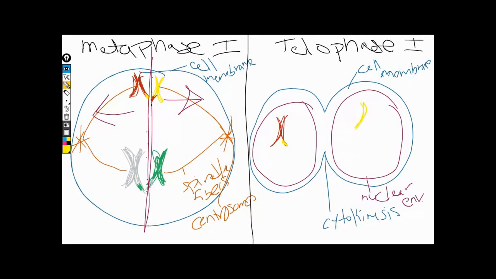Each still have a double copy of chromosome 1. And both still have some mom and some dad genes. And each have a double copy of chromosome 2.